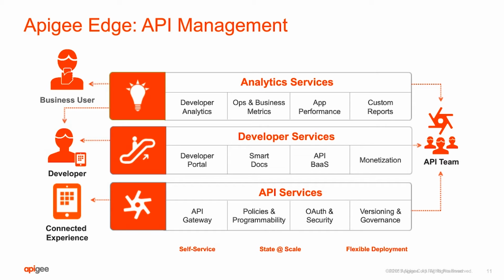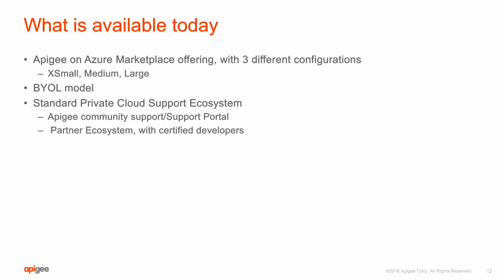So I'll not be spending a lot of time talking about Edge because most of you are already familiar with the platform, and we have a lot of content available online for you to get up to speed, and we can do follow-up webinars on that. Right? But today I wanted to spend time mostly on what's available today from the Azure Marketplace standpoint. So we are on Marketplace today, right?